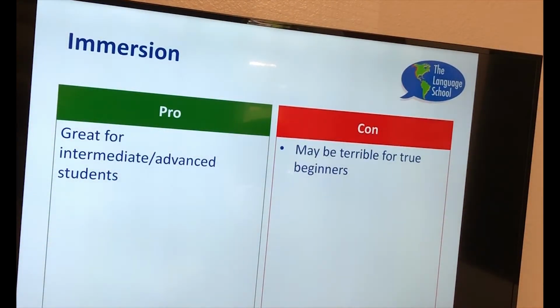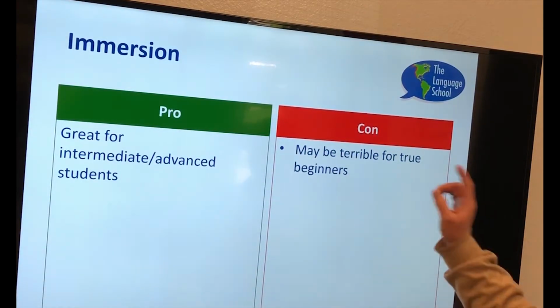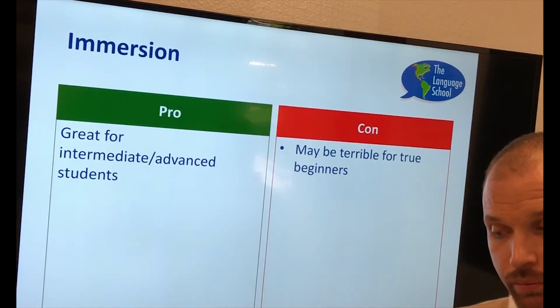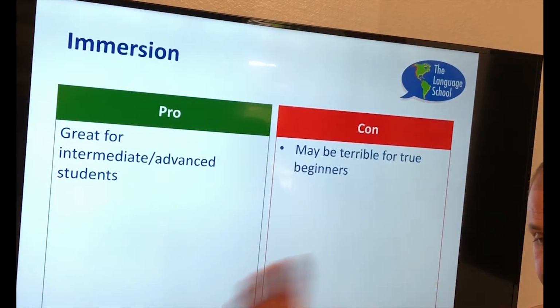You're already understanding the majority of the language, and it's going to be a fun and great experience. I think it's really great for intermediate and advanced students of Spanish. I think it can be possibly a terrible experience for beginners, resulting in quitting.